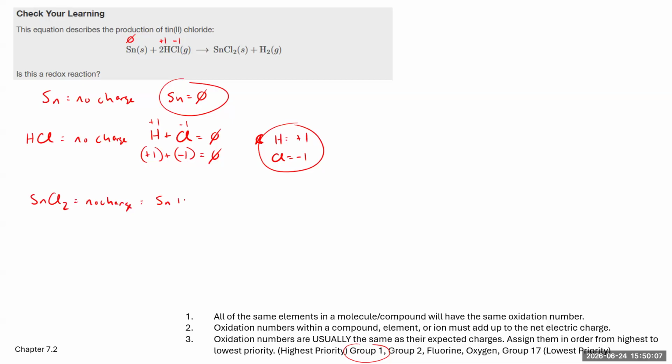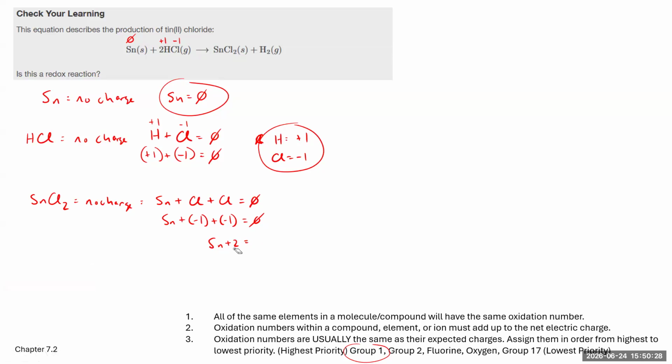Right. SnCl2. Again, there's no charge, so it's going to add up to 0. So Sn plus chlorine equal 0. Go down the list. Group 17. So this is -1. And this is just Sn. So it's going to be Sn plus 2. Oh, sorry.